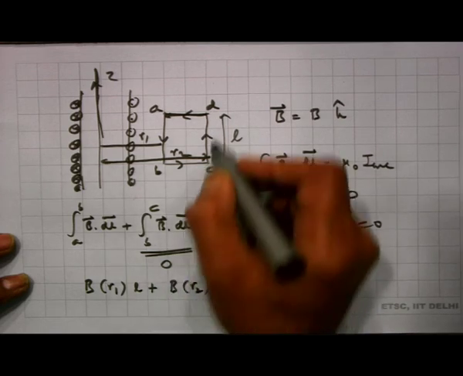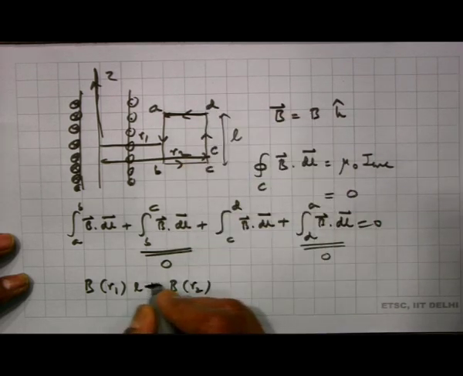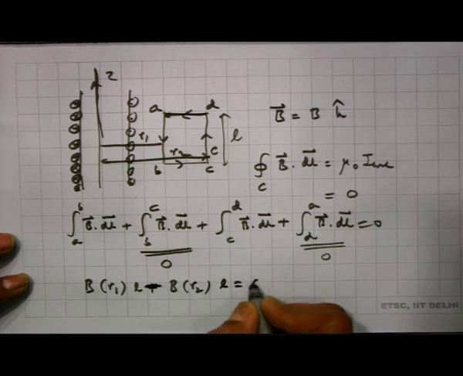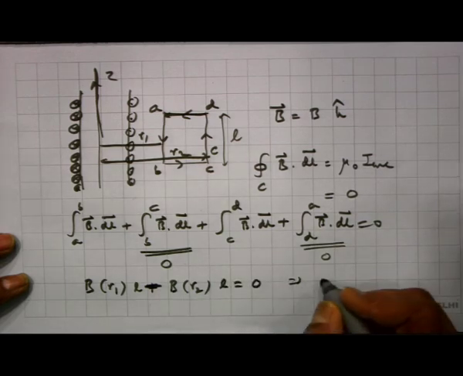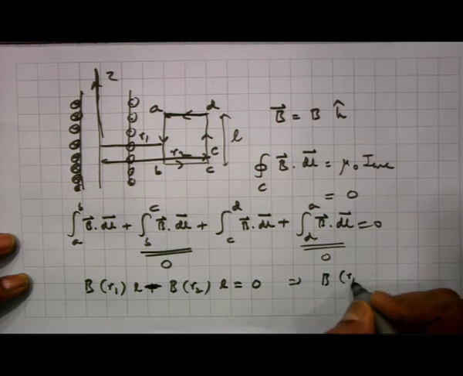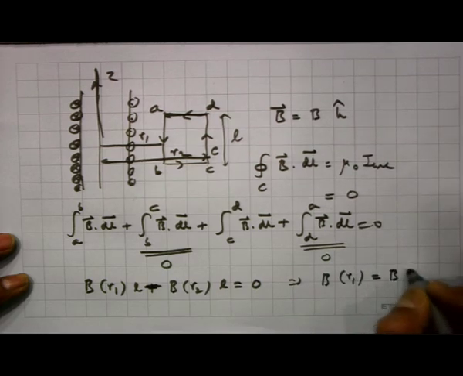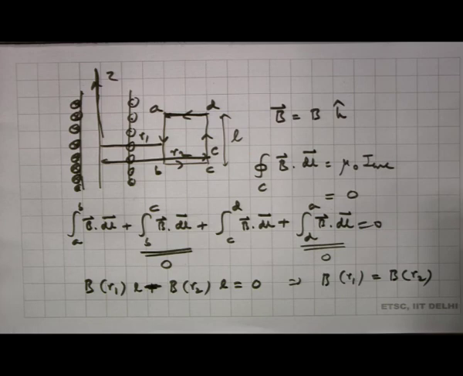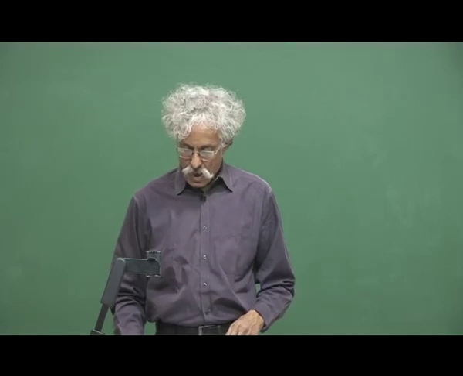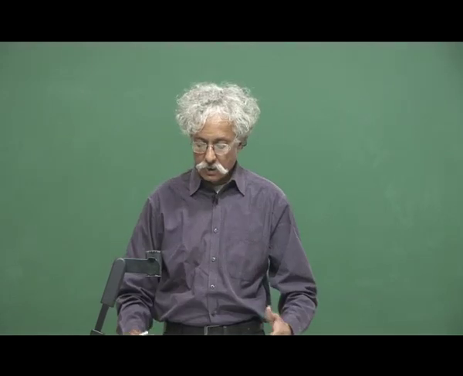Now, please note the direction of integration is opposite, so minus B at R2 into L must be equal to 0, and this implies B at R1 must be equal to B at R2. So, the magnetic field seems to be independent of the distance from the axis. That is another result we have got.